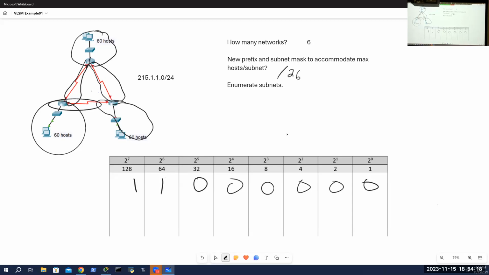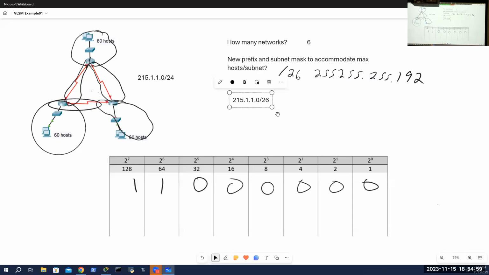I just wrote down the 2 ones there, and then the new subnet mask is going to be 255.255.255.192. Okay, let's start enumerating the subnets, because that's what you have to do to make sure you allocate the addresses properly. 215.1.1.0/26 is our first subnet.